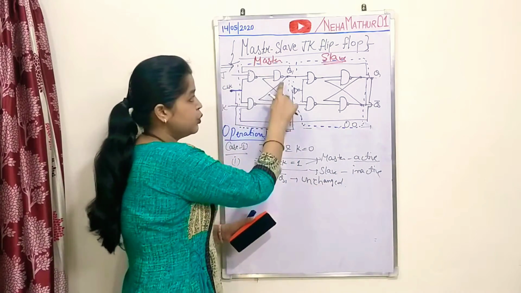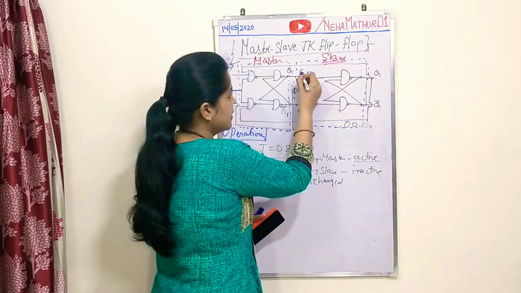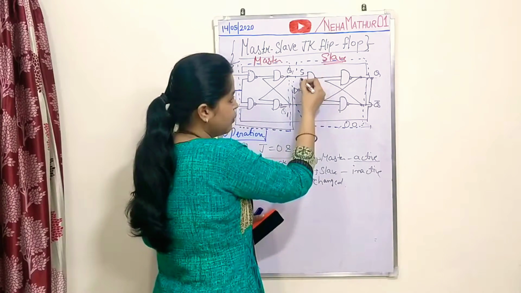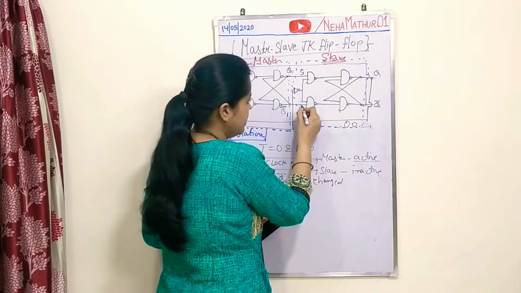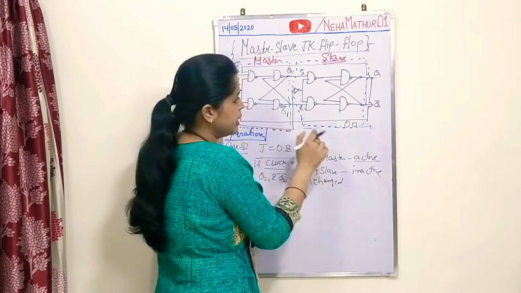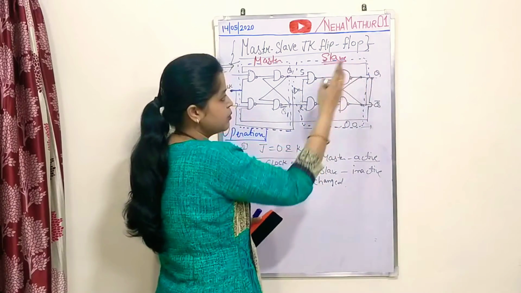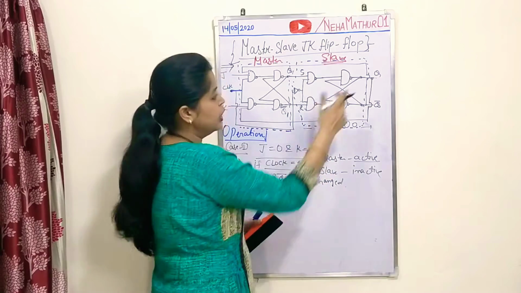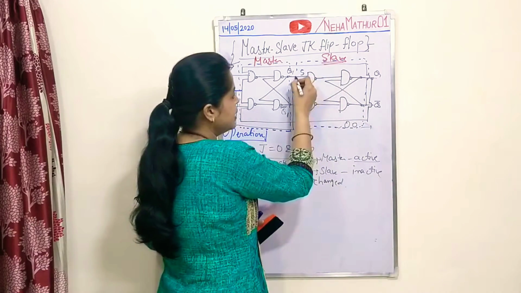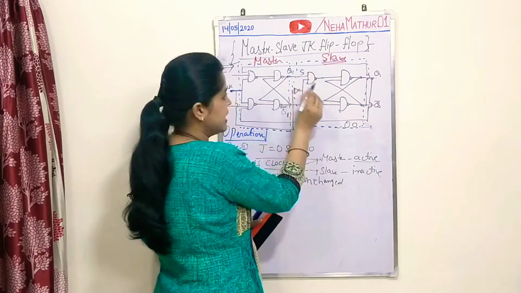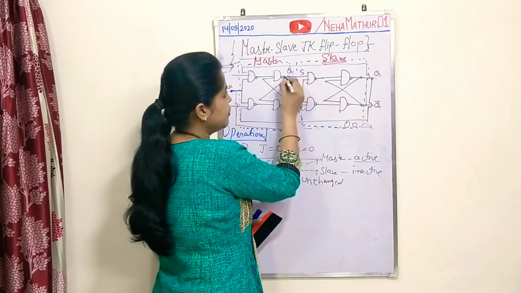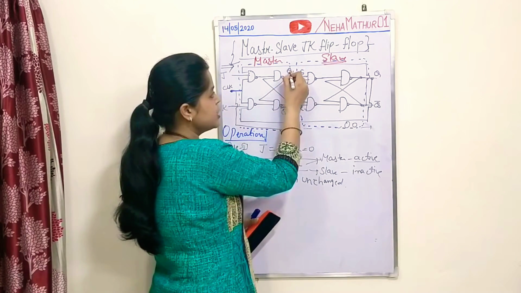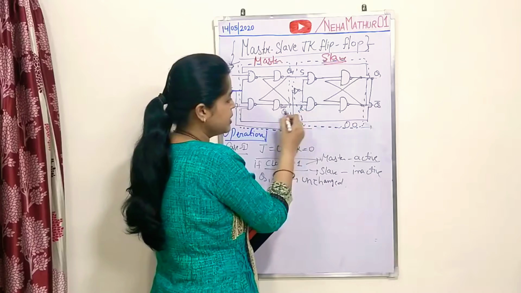Now this Q1 is S for this circuit and this is R. That means for your back circuit, the main input S comes directly from the output of the front circuit, that means Q1, and your R is Q1 bar.